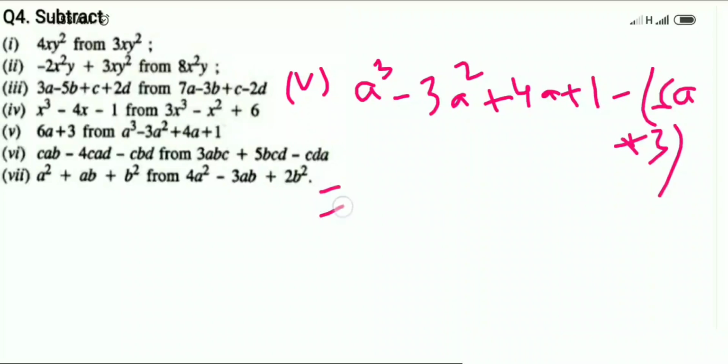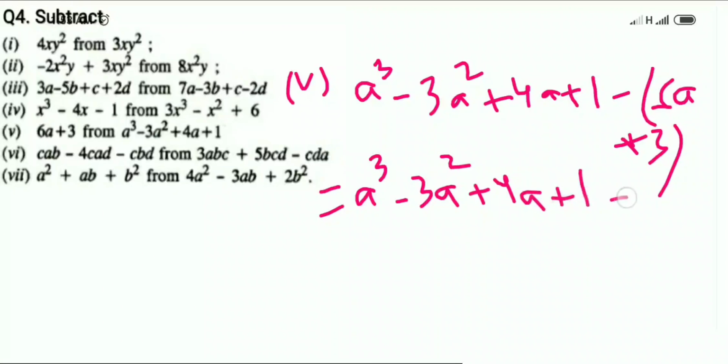This will become equal to a cube minus 3a square plus 4a plus 1 minus 6a, plus minus will become minus 3.